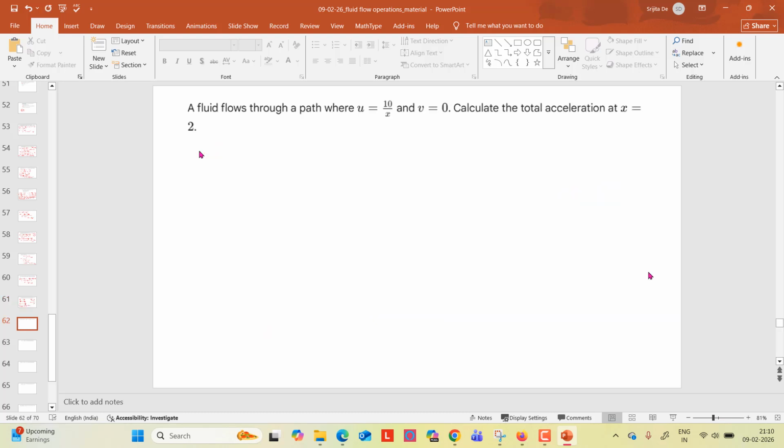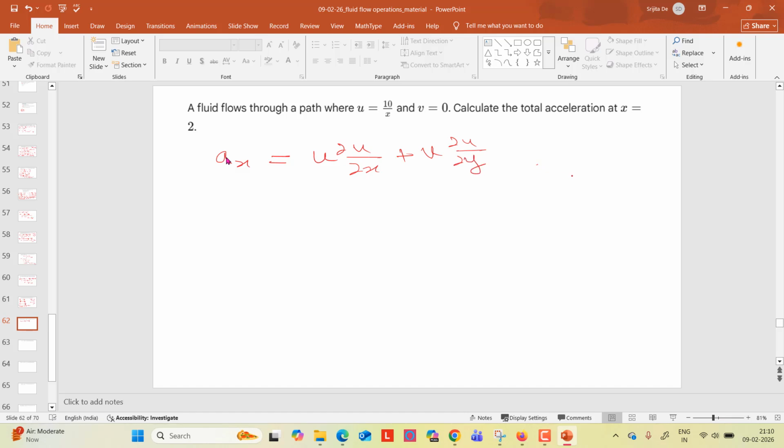Next, a fluid flows through a path where u equals to 10 by x and v equals to 0. Calculate the total acceleration at x equals to 2. So total acceleration is, so it has x component, ax equals to u ∂u/∂x plus v ∂u/∂y.